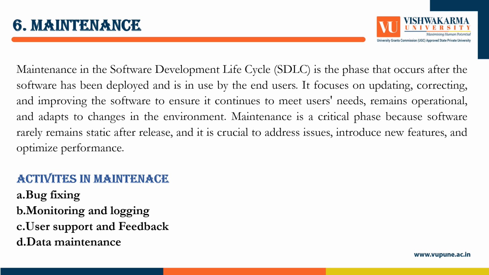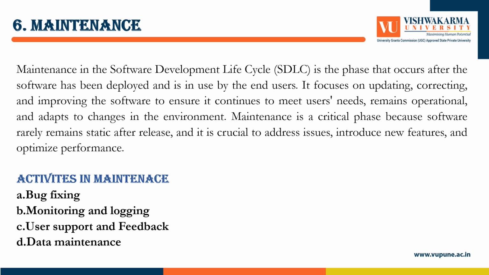The software we developed has to remain operational and be updated for changes in the environment. Maintenance is a critical phase because software rarely remains static after release, and it is crucial to address issues, introduce new features, and optimize performance.